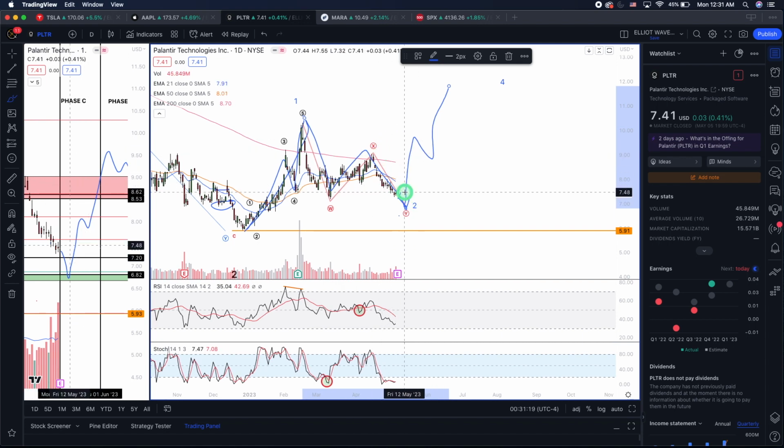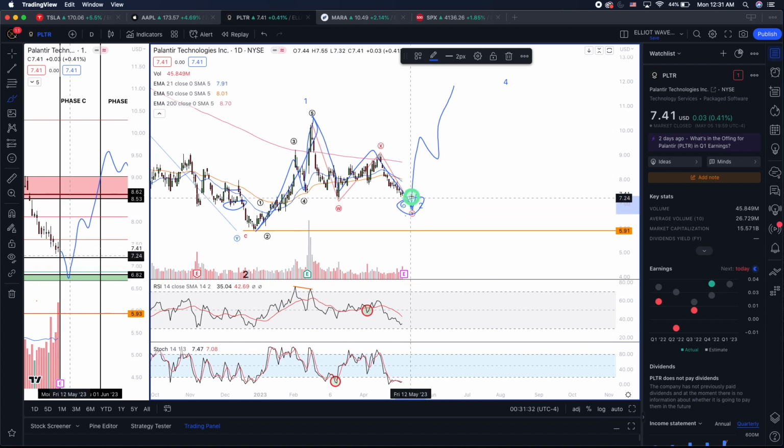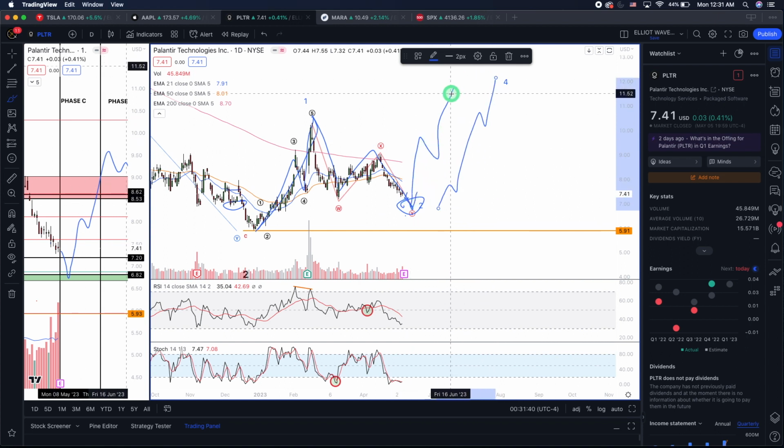Right now it's too early to tell. Right now we're really just looking for this low to come in, like a nice spring move, the end of this second wave in Elliott terms, and a move higher, whether that takes place in a 5-wave impulse or a 3-wave motive move.